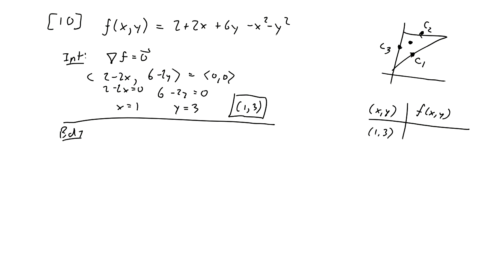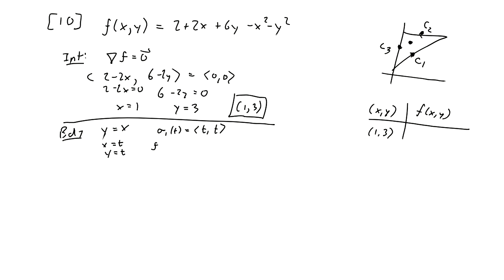So let's start with C1, y equals x. To begin with, we parameterize. We can let x equal t, and then y also equals t. So sigma 1 is equal to t, comma, t. Then we substitute that into our function.